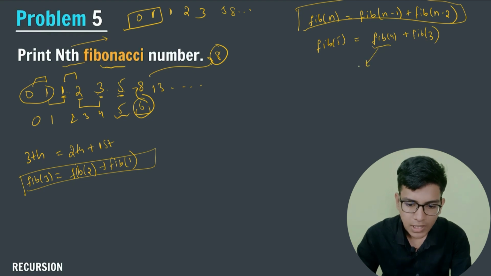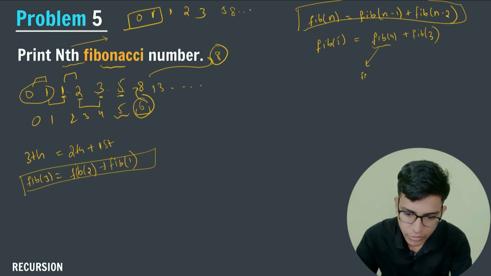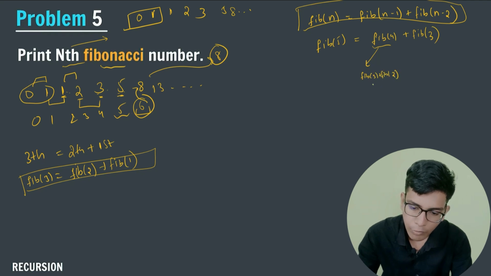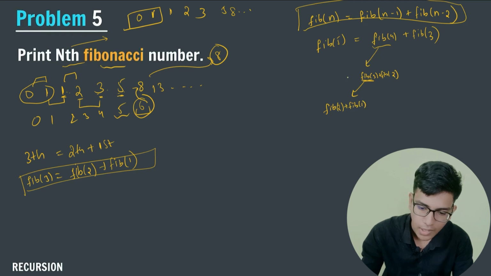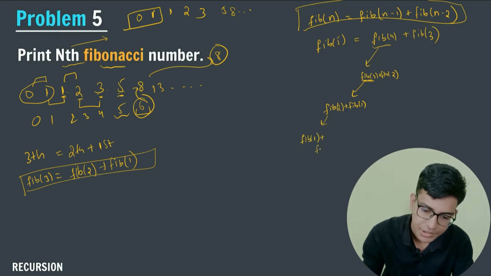Fibonacci of the fourth term is equal to Fibonacci of the third term plus Fibonacci of the second term. What is Fibonacci of the third term? Fibonacci of the third term is Fibonacci of the second term plus Fibonacci of the first term. Right? What is Fibonacci of the second term? Fibonacci of the second term is Fibonacci of the first term plus Fibonacci of 0.